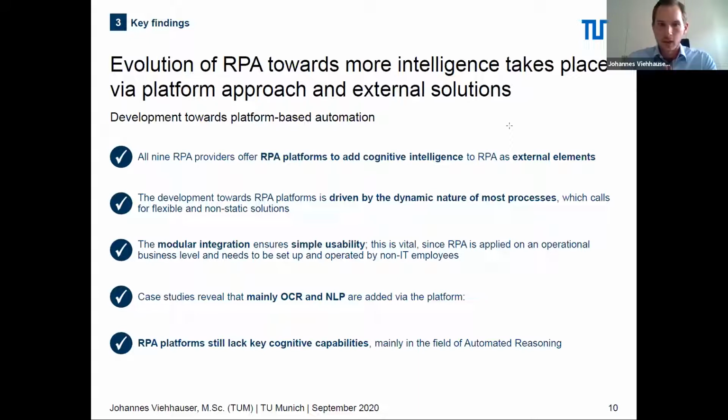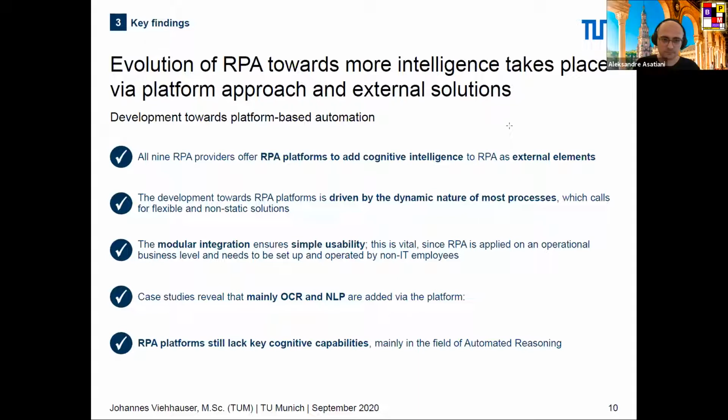However, if you look at those RPA platforms in the view of our framework and definition for cognitive intelligence, then it becomes obvious that those RPA platforms still lack intelligence, mainly in terms of automated reasoning and working with very complex and unstructured input data, for example, voice and sound.